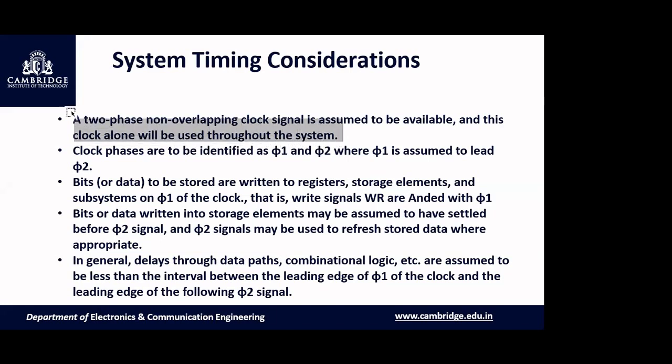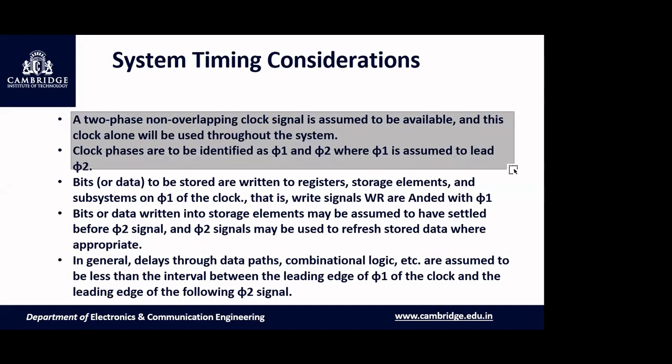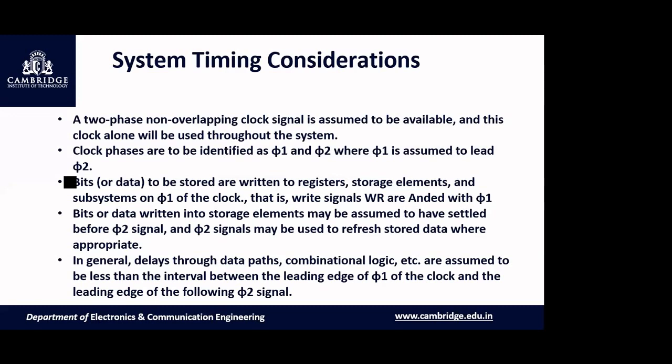So we'll assume that a two-phase non-overlapping clock is available with us. Using that, we'll try to operate the memory. The clock phases are to be identified as phi 1 and phi 2, and we'll also assume that phi 1 leads phi 2. Fine. So in memory, we can perform three operations: write, read, and refreshing.